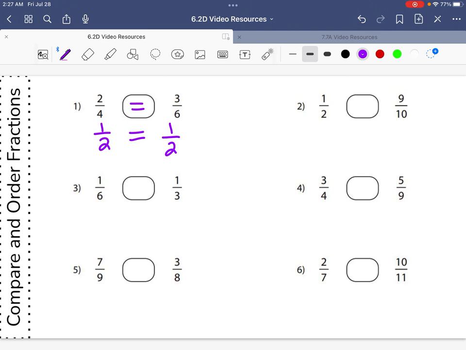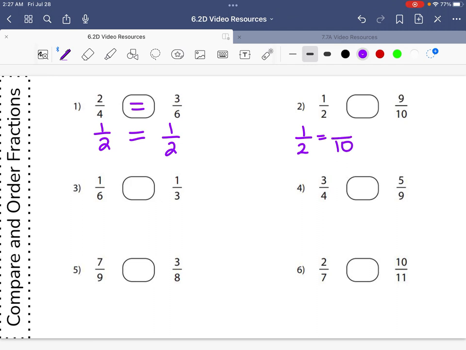The second problem I see is 1/2 compared to 9/10. Now this problem is a little different than the previous one because 1/2 is already in its simplest form. So now I'm going to see if I can scale it up or compare what 1/2 is out of 10.